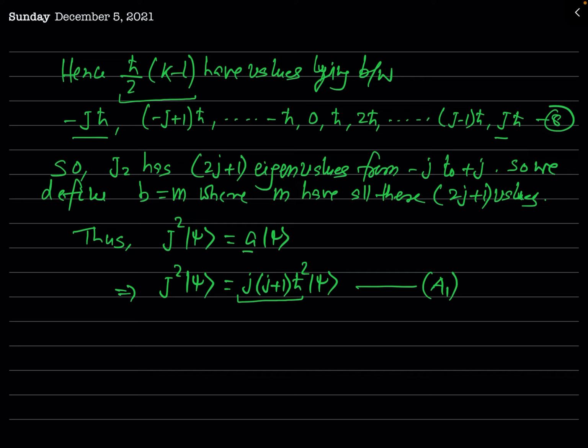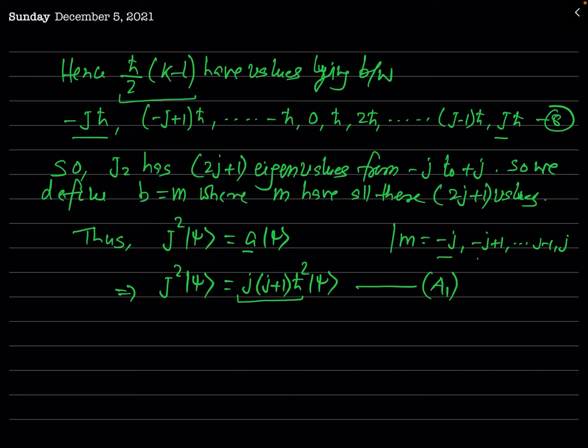So you can say that m is equal to minus j, minus j plus 1, and so on, j minus 1 and j. Total values are 2j plus 1.